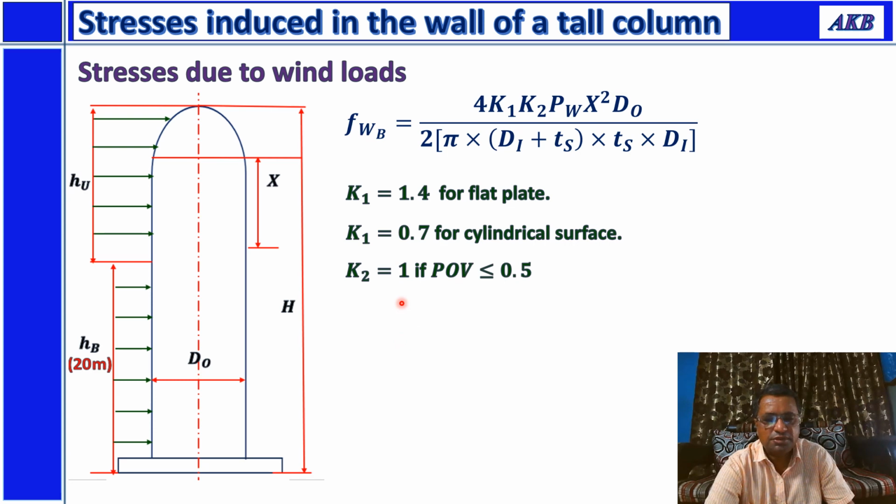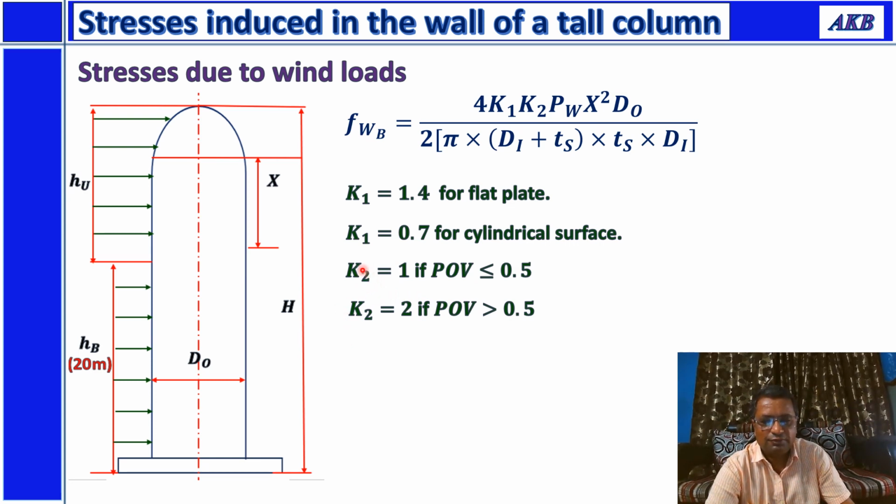Then K2. The value of K2 depends on the period of vibration. If the period of vibration is less than or equal to 0.5, then K2 can be taken as 1. But if the period of vibration is greater than 0.5, then K2 has to be taken as 2.